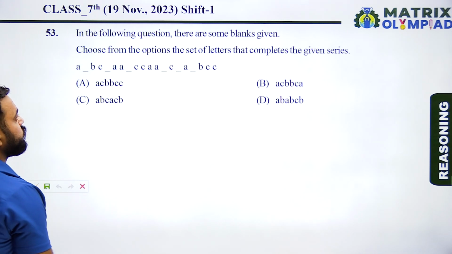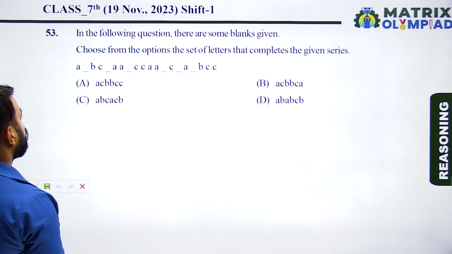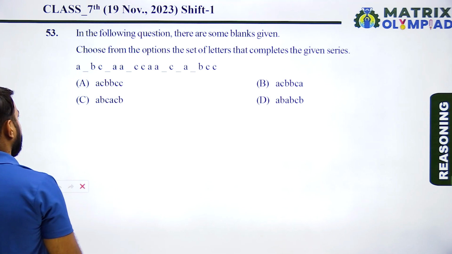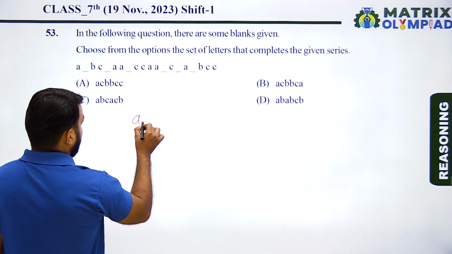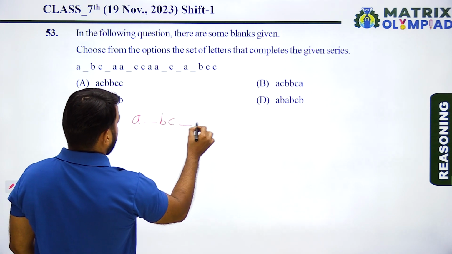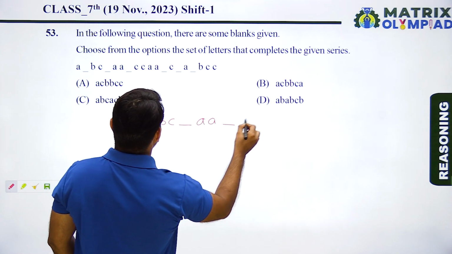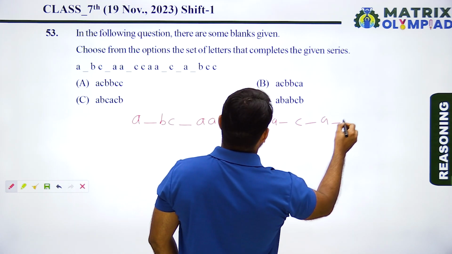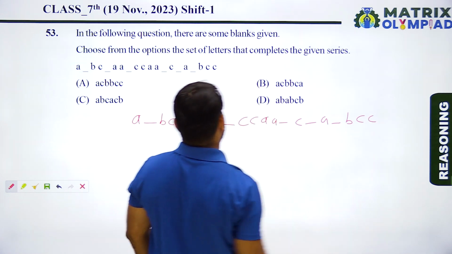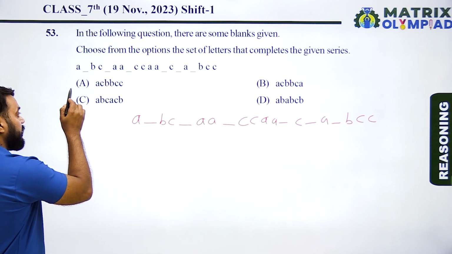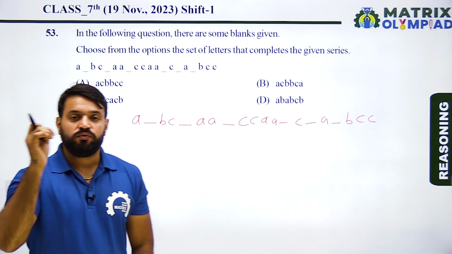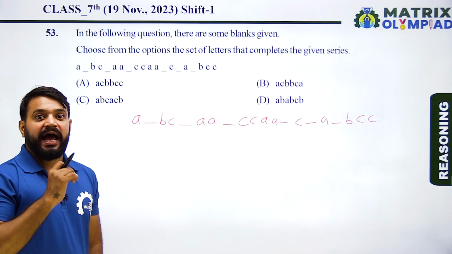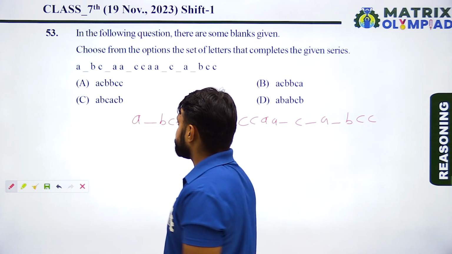In the following question, there are some blanks given. Choose from the options the set of letters that completes the given series. The series is A blank, B, C, A blank, A blank, C, C, A blank, C blank, A blank, C, B, C, C. In this question, options are taken one by one to see which one makes a suitable pattern.